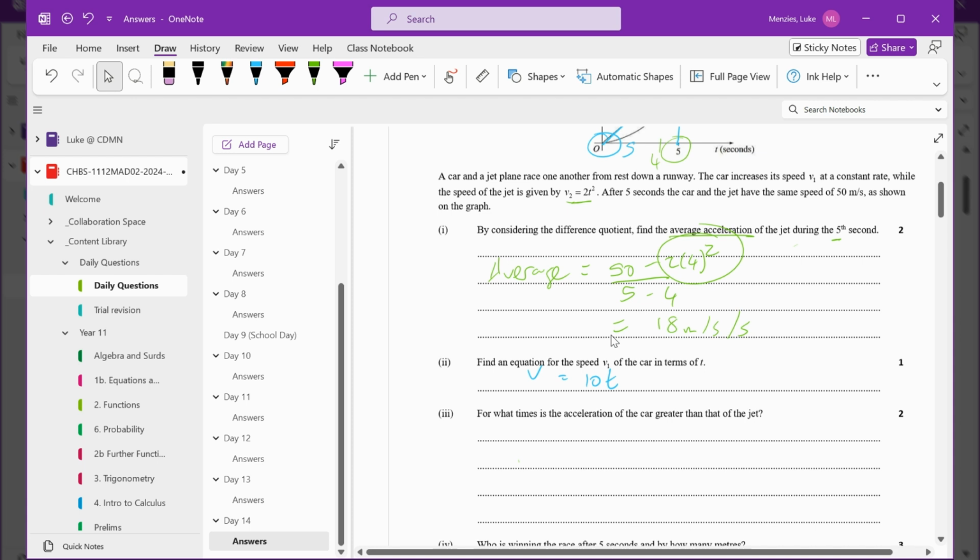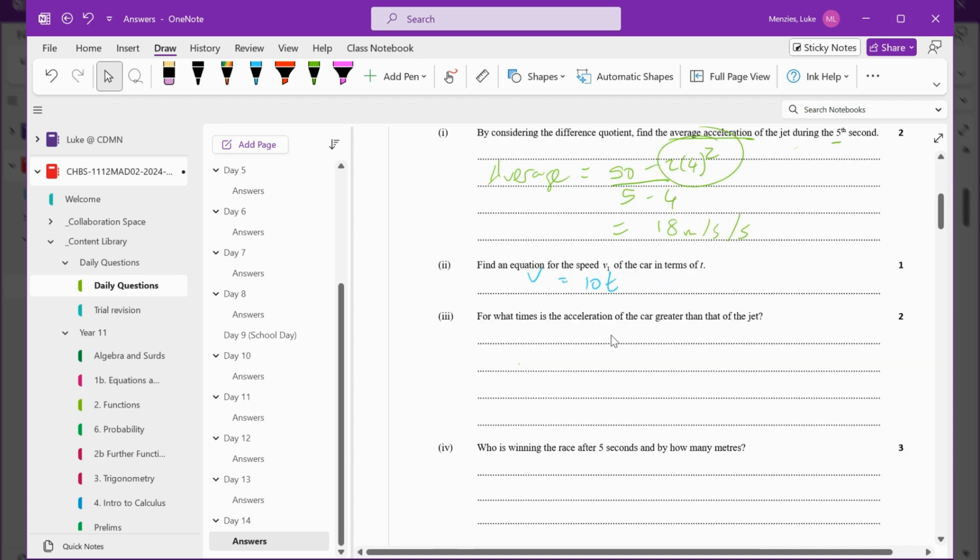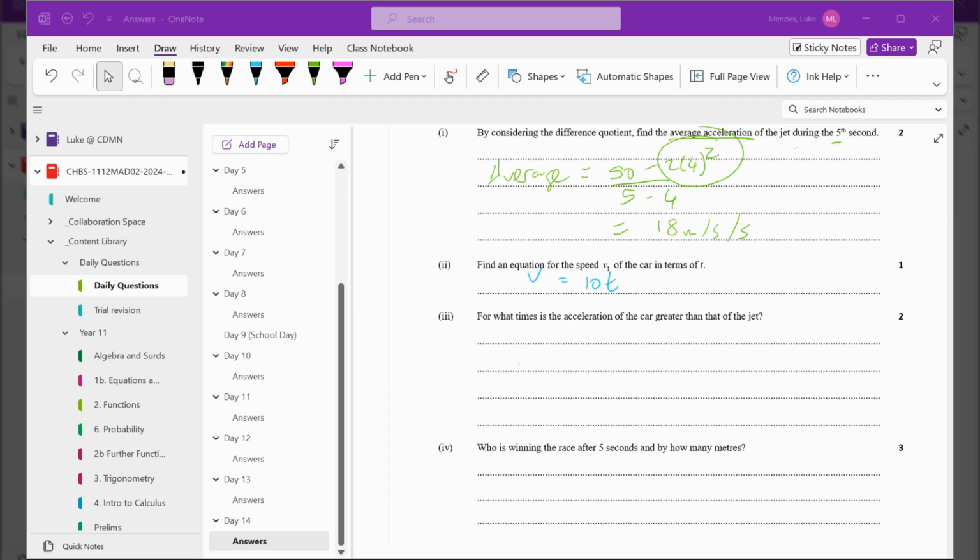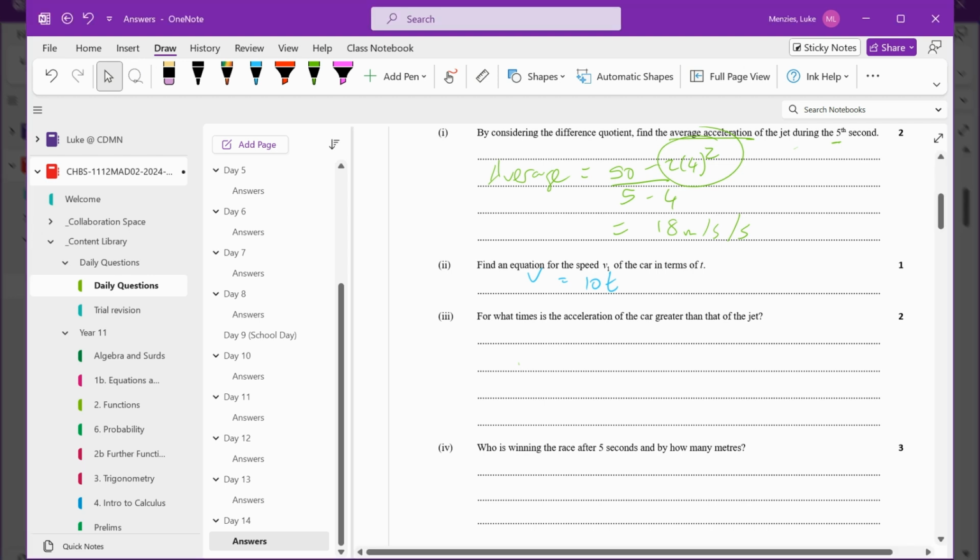For what times is the acceleration of the car greater than the jet? So what have we got here in terms of the things given?